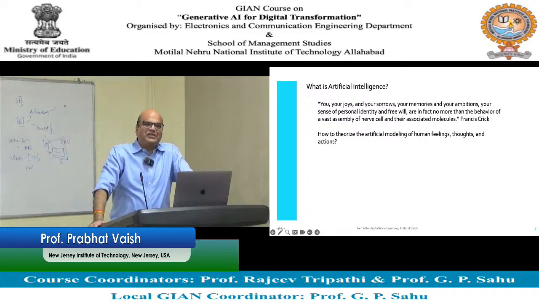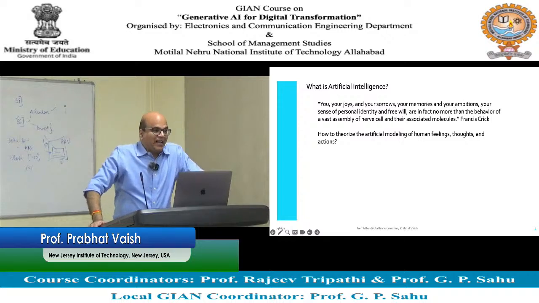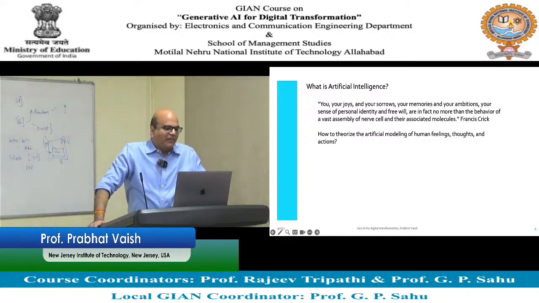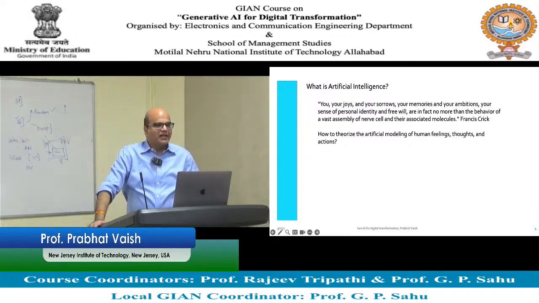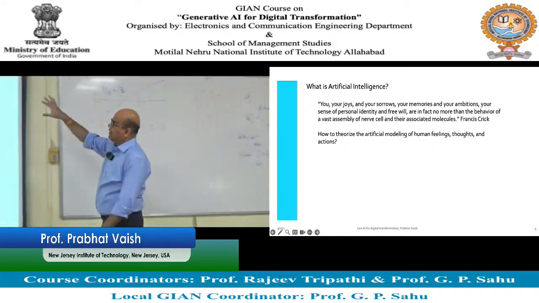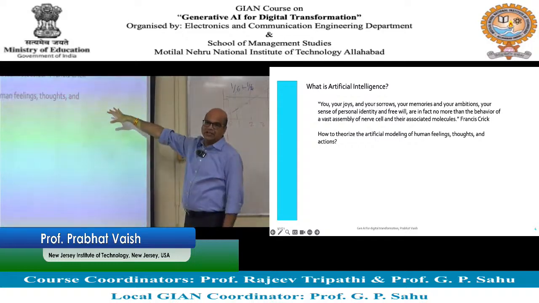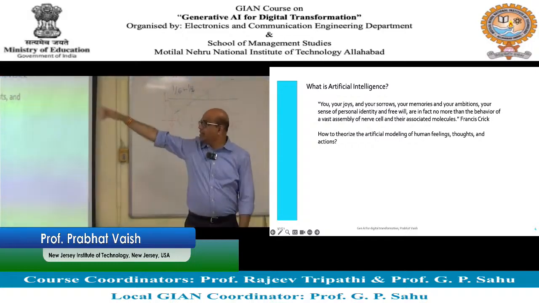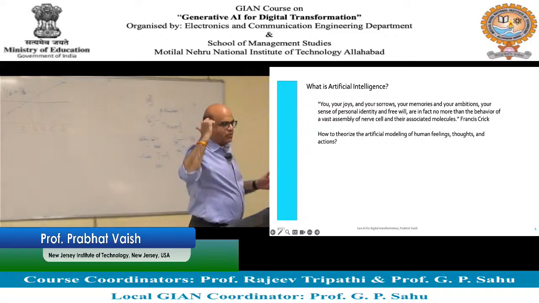That's how artificial intelligence started in the 1950s and 60s. Theoretically, that is still true. We haven't reached there. We will have to see. So what we are doing in this module, and I'm a little behind and struggling in the sense that we are still thinking about how do we theorize the artificial modeling of feelings, thoughts, and actions? That's what we are trying to do when I say designing AI systems.